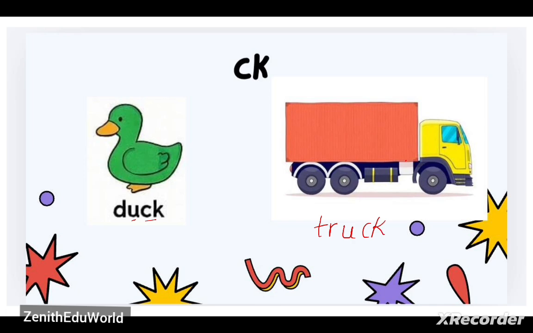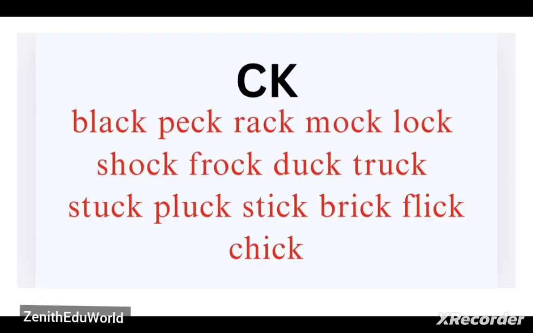Since the letter u makes a short vowel sound here, we write ck. So it is very easy. We have to explain to the kids that whenever we hear the k sound at the end of a one syllable word after a short vowel, we write ck at the end. These are the examples of the words where we use ck at the end of a word.